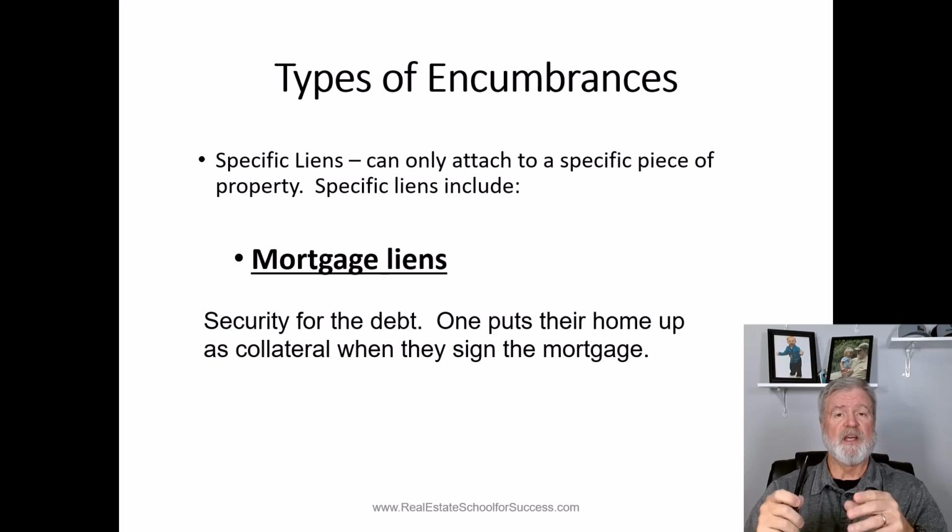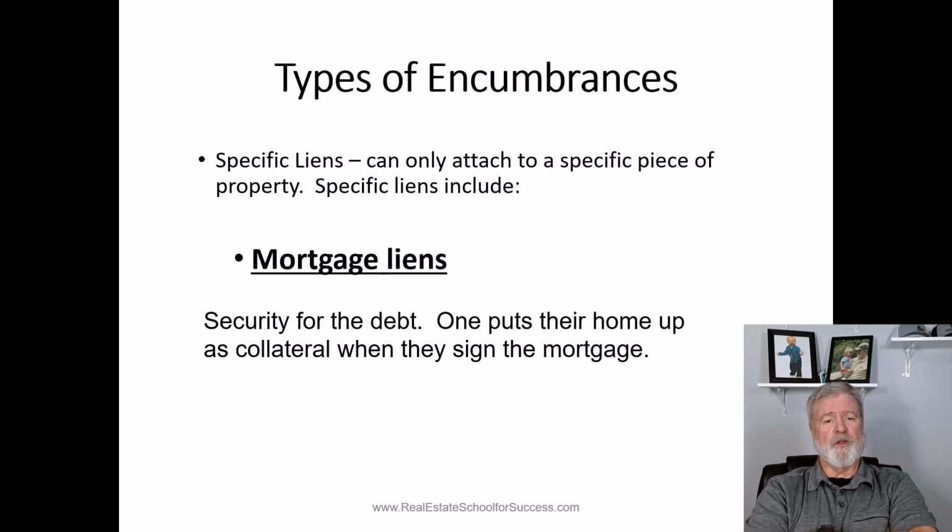Well, obviously, can they take that property through a foreclosure? Yes, they can. But can they take any other property you own? No, because a mortgage lien is a specific lien. It's only attached to that piece of property, not everything you own. Okay.